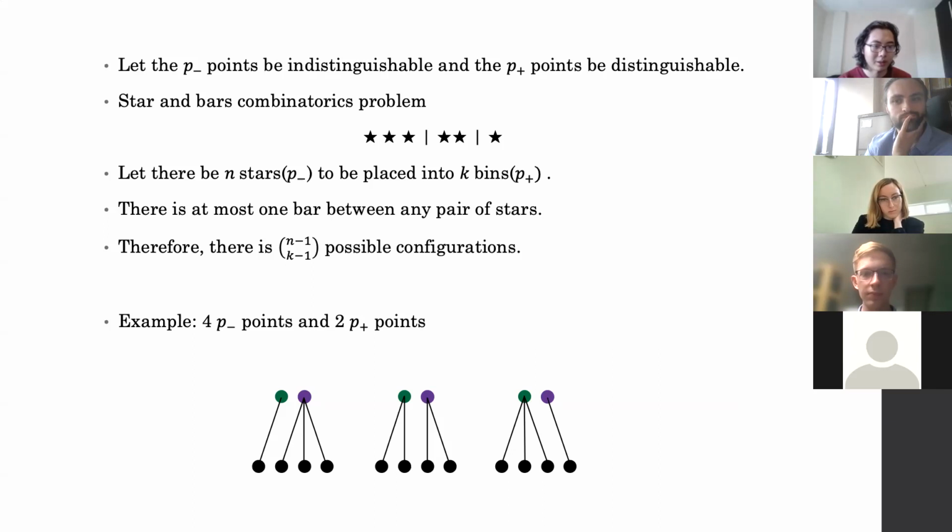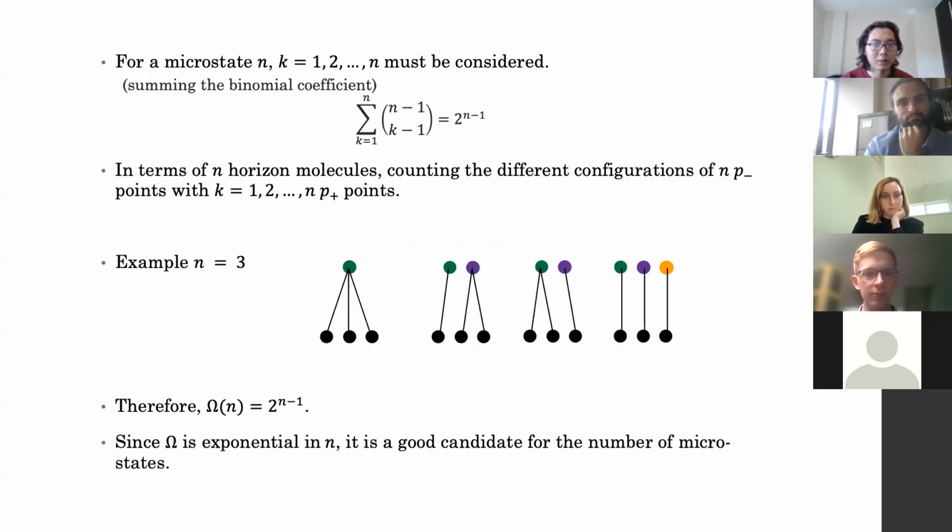Here is an example: we have 2 labeled p plus and 4 unlabeled p minus points, so the total number of configurations is n-1 choose k-1, which is 3 choose 1. So the total number is just 3 here. On to the next slide.